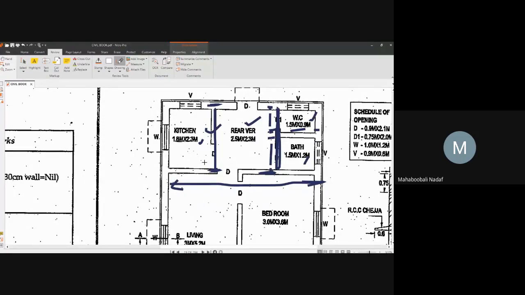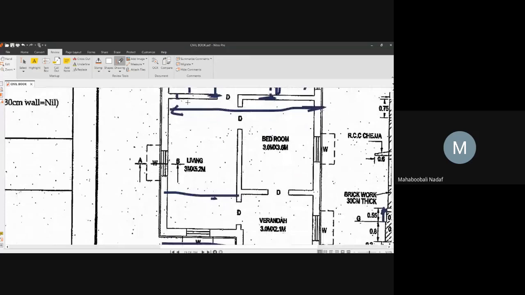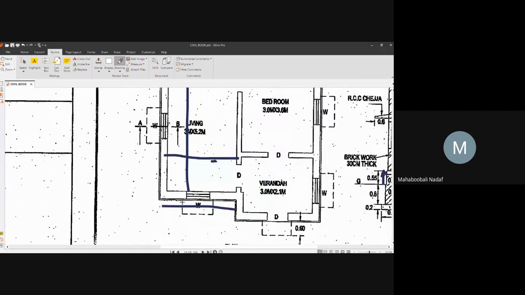Let me calculate this one. You start writing 0.3 plus 2.3, 2.6. 2.6 plus 0.2, 2.8. 2.8 plus 5.2, how much? 8, sir. 8 plus 0.3, 8.3.